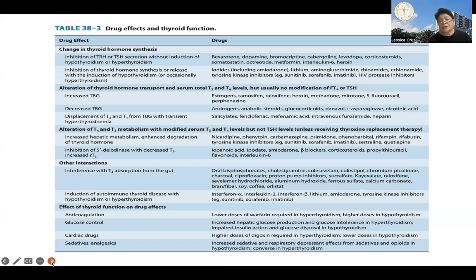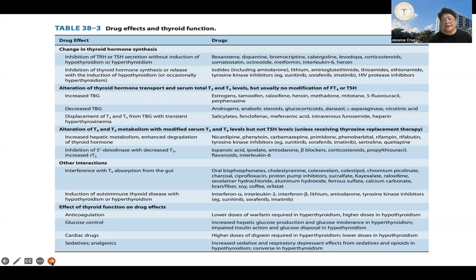For example, in hyperthyroidism, if the patient needs an anticoagulant and the drug is warfarin, lower doses have to be given. Whereas in hypothyroidism, you need higher doses.